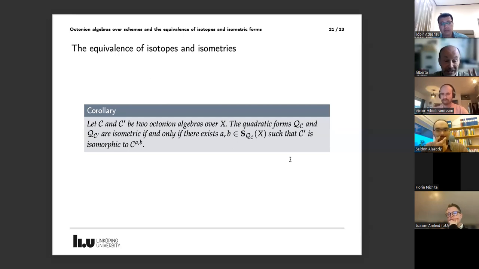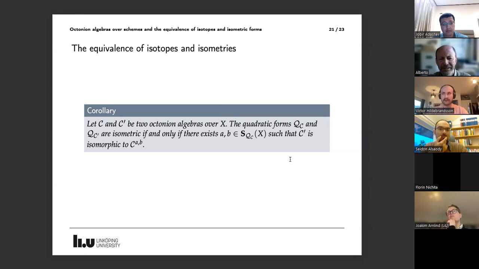But of course, the techniques are quite difficult. And the schemes RT that you use are what correspond to the spin group related to the Octonion in the classical case, right? Exactly.